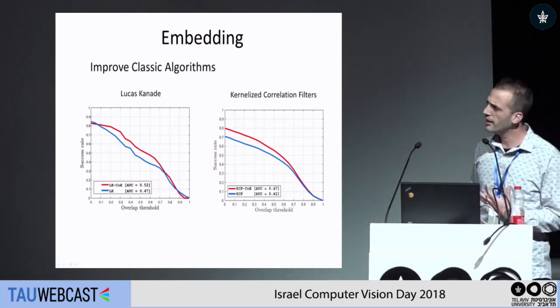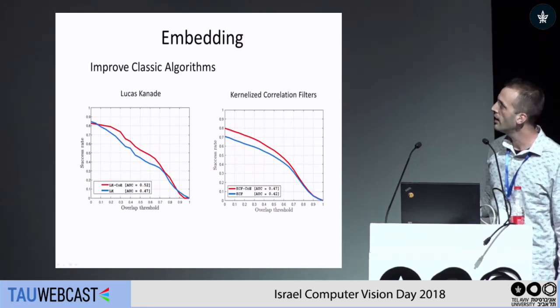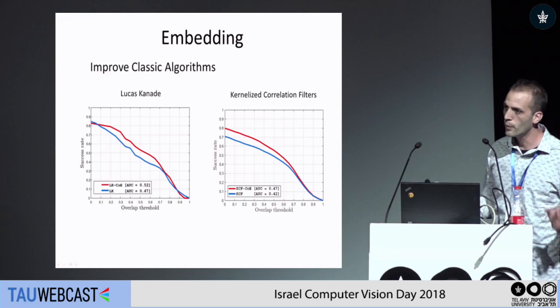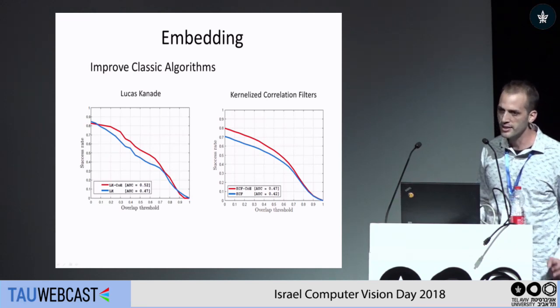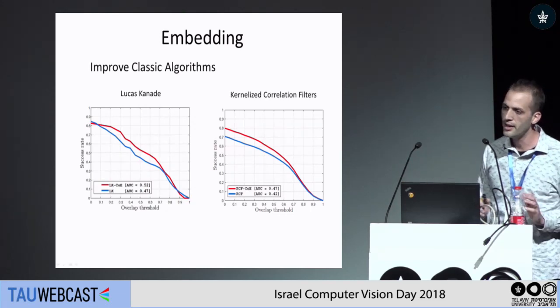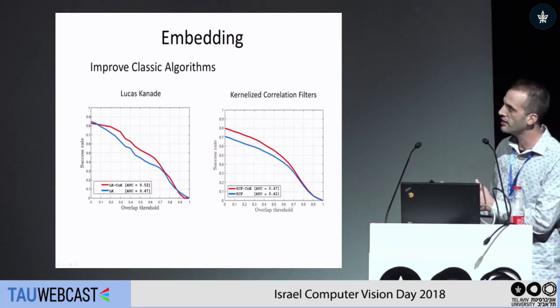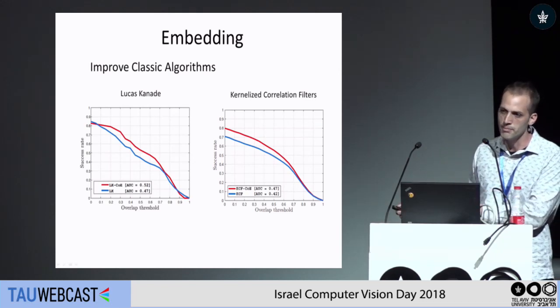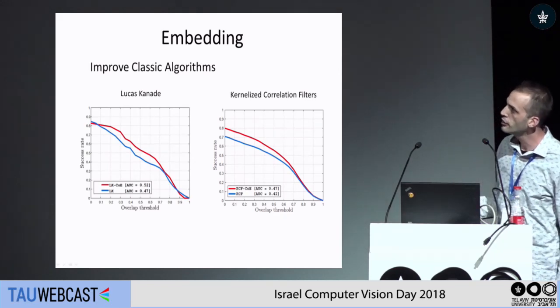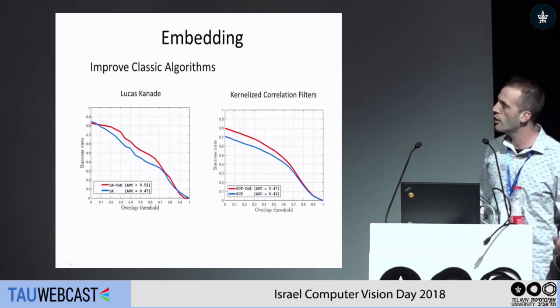Now, one thing important to note here is that we changed nothing about the algorithm. So when we conducted this experiment, we did no algorithmic tuning. We took Lucas-Kanade. One time we fed it with RGB values, and the other time we fed it with co-occurrence embedded values. So those gains are in favor of co-occurrence embedded values with no tweaking.